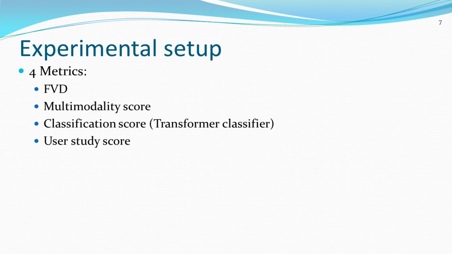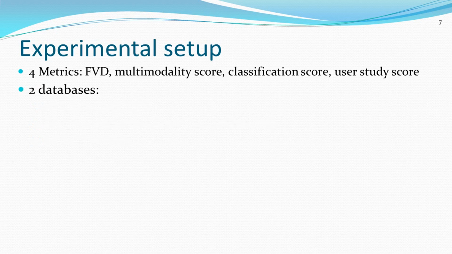For our experiment, we use four metrics: the Fréchet video distance, the multimodality score, which is an intra-class diversity score, a classification score from a transformer classifier, and a user study score.